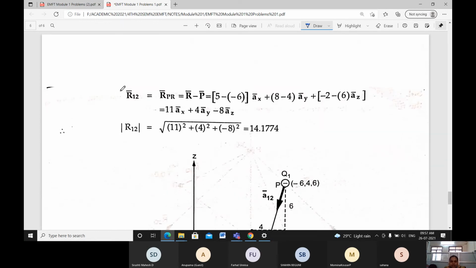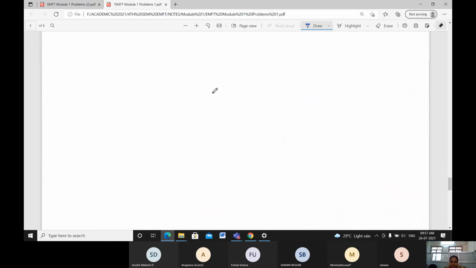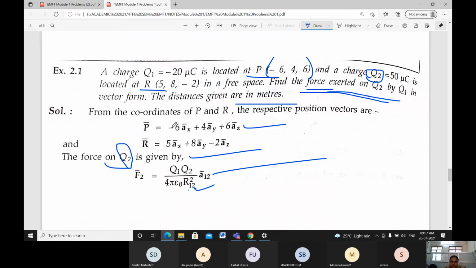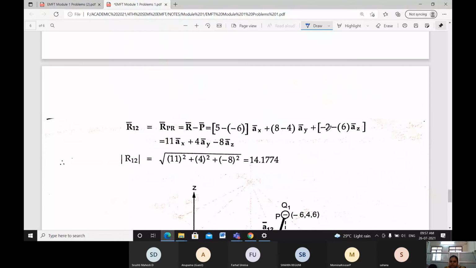Then R12 is what? R12 is nothing but R minus P. What is our R value? 5 minus of minus 6, 8 minus 4, minus 2 minus 6, along ax, ay, az.